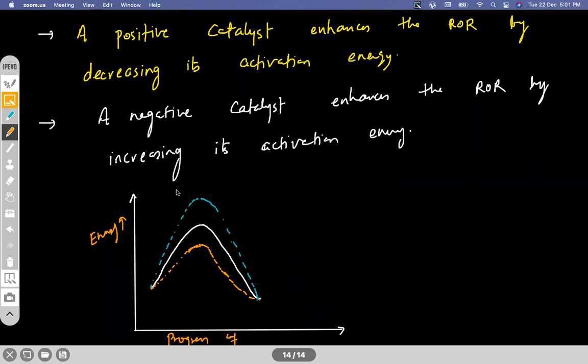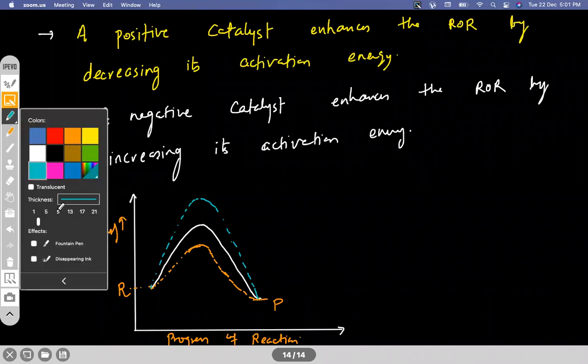So we have this. I'll explain this graph. Let me draw this first. Progress of reaction. This is reactant, and this is product. See this white graph that you see here.